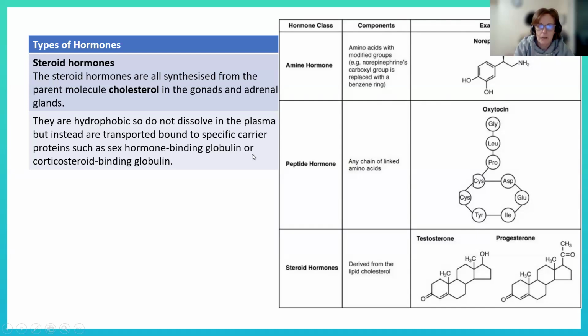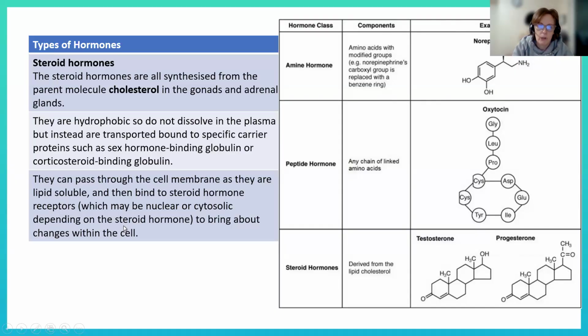Globulin just basically is a protein that helps to transport them around. So these are both considered sex hormones because testosterone and progesterone, they're to do with reproduction. So they can pass through the cell membrane if they are lipid soluble, and then they can bind to steroid hormone receptors to bring about changes in the cell.